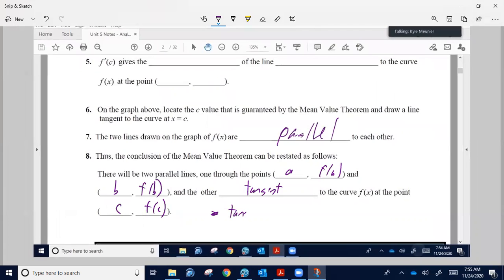That's another way of saying this. Tangent line equals the secant line somewhere. All right, and that's the mean value theorem.